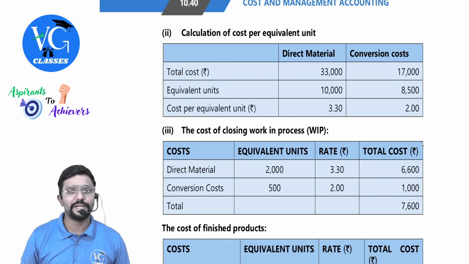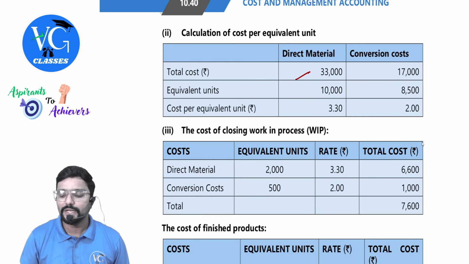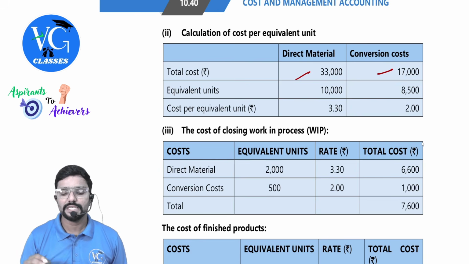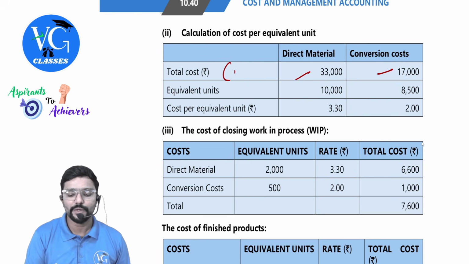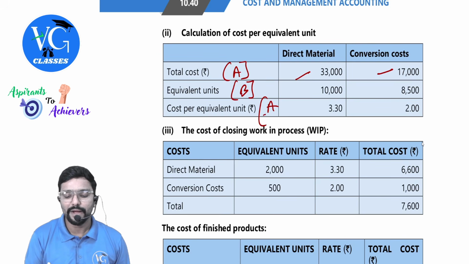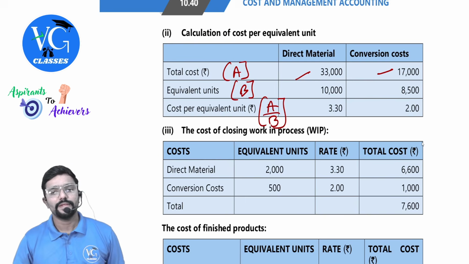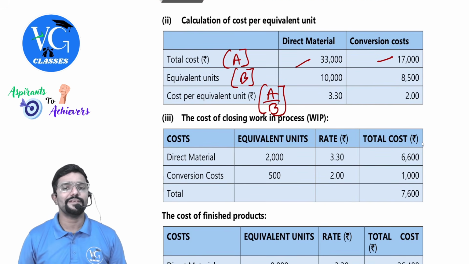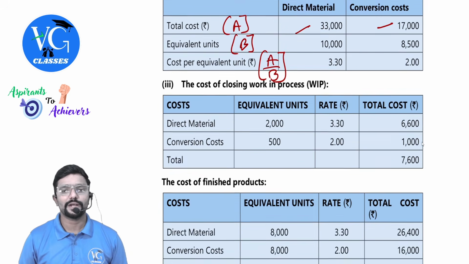Calculation of cost per equivalent unit: total cost for material and conversion is given, just divide by equivalent units. You can give the notations A, B; this is A by B. It is 3.3 for material and 2 for conversion cost.